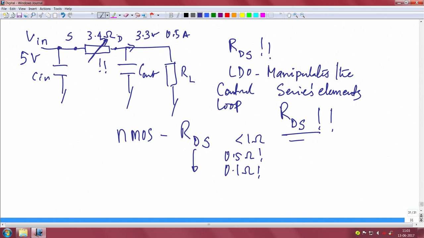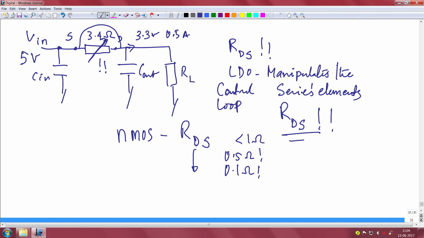You will still be able to pass a lot of current with hardly any voltage drop across the device, and yet provide a large amount of load current, and that is why its response is also really very good, and we described the dynamic response of an LDO in our previous discussions.